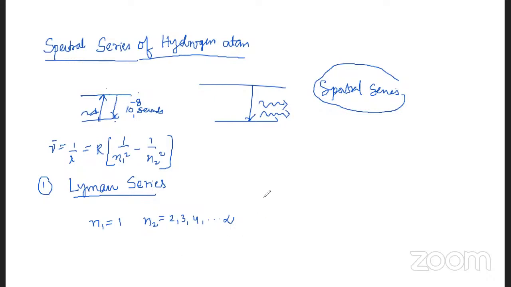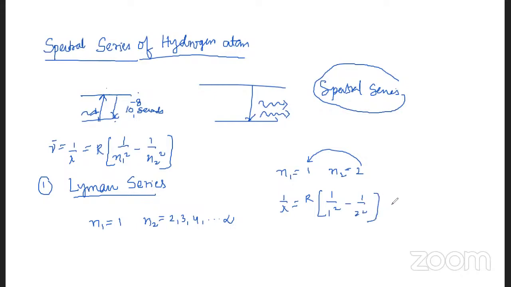For this case, let us calculate the wavelength. N1 is equal to 1. Suppose N2 is equal to 2, that is, the electron is jumping from 2 to 1. Then using this equation, 1 by lambda is equal to R into 1 by 1 square minus 1 by 2 square.